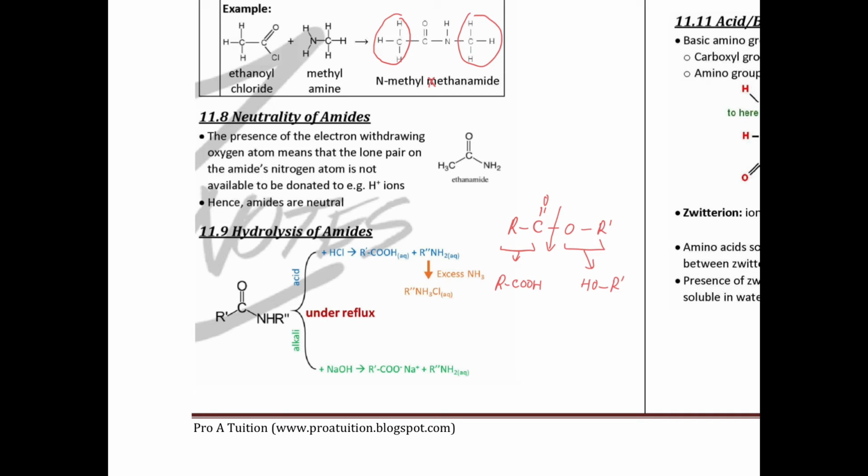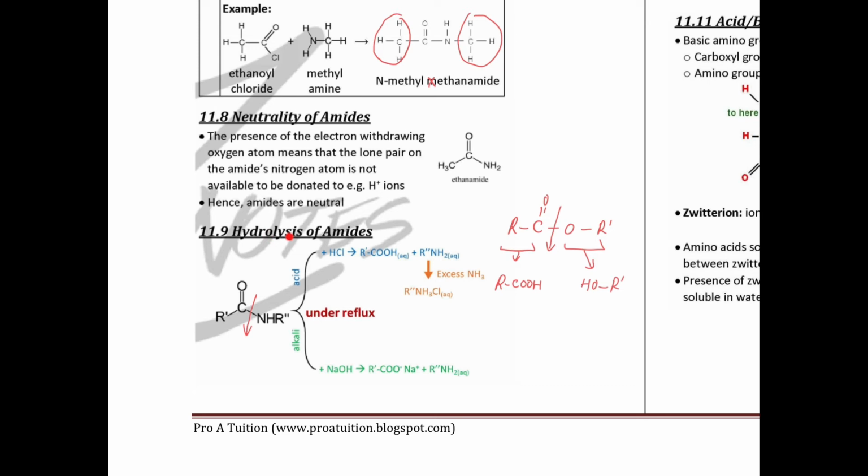Now, amide works similarly. When amide goes through acidic hydrolysis, this particular part breaks down, as you can see from the arrow here. Let's see the equation. Our amide reacts with HCl in aqueous. This part breaks down.